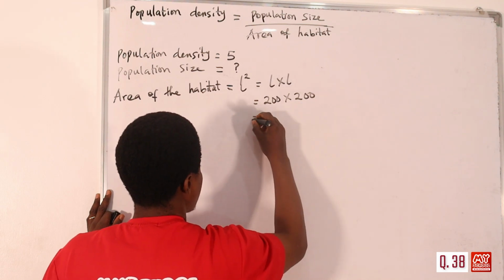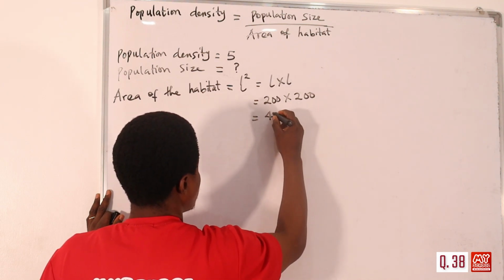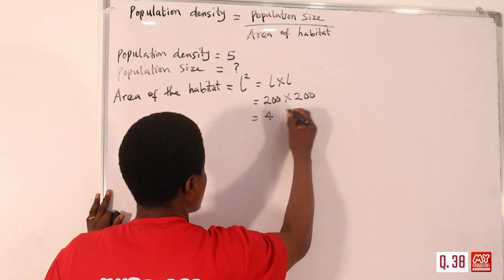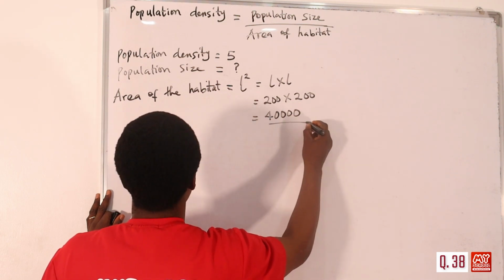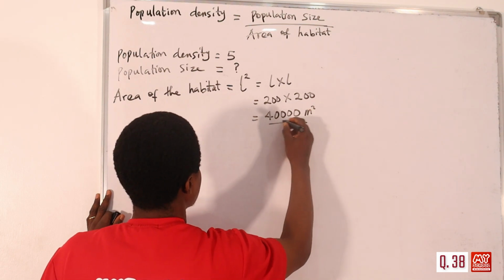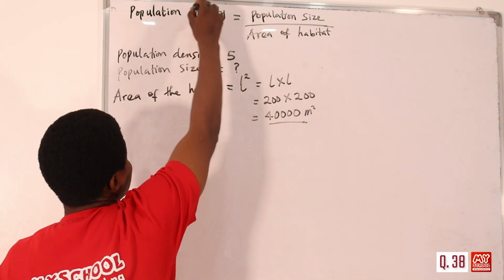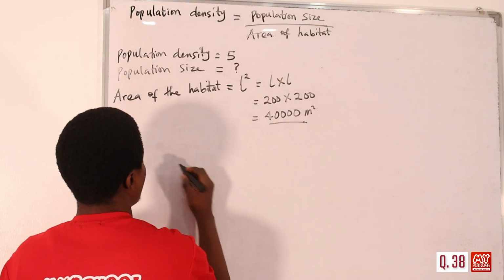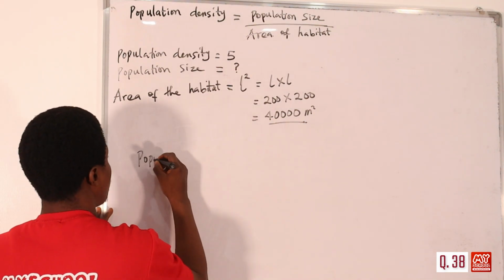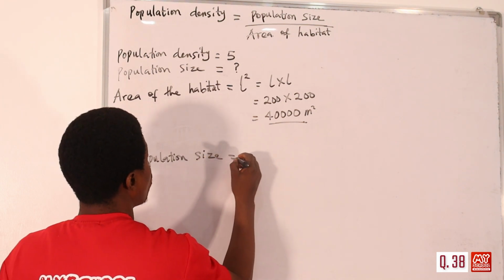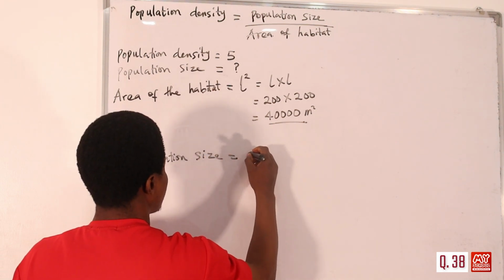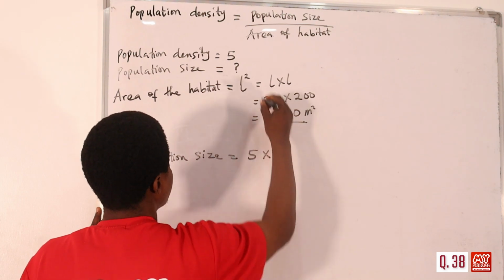By the time we multiply that together, 2 times 2 is 4, then we have 4 zeros. So we have 40,000 meters squared. That is what the area is. Now we know the density and the area, so we can find the population size. Population size should be equal to the density, which is 5, multiplied by the area.